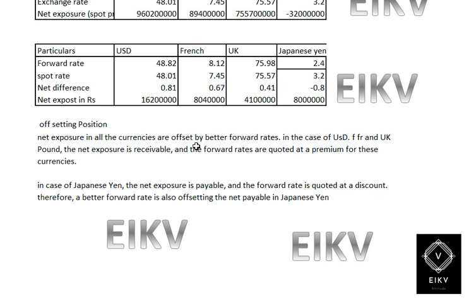After computing that, we have the offsetting position. The net exposure in all currencies is offset by the forward exchange rate. In case of USD, French franc and UK pound, the net exposure is receivable and the forward rate is quoted at a premium for these currencies.